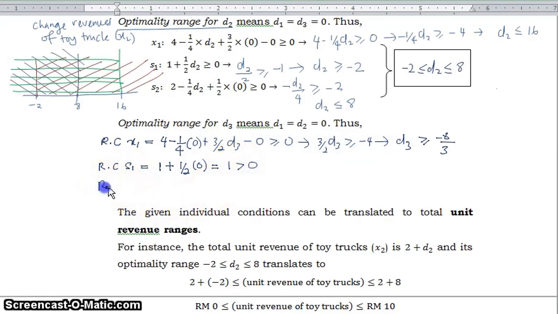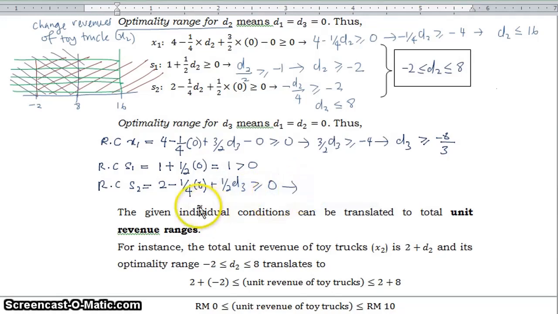And for the last reduced cost, S2, we get 2 minus 1 over 4 times 0 plus 1 over 2 D3 greater than or equal to 0.